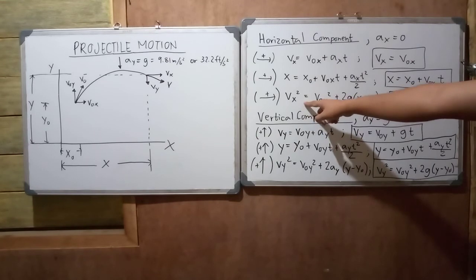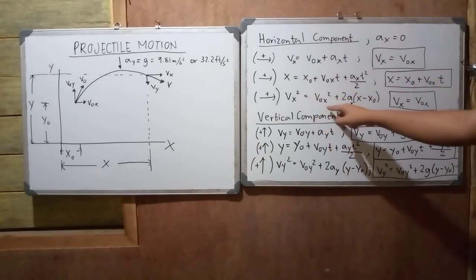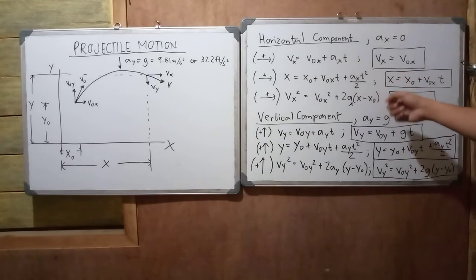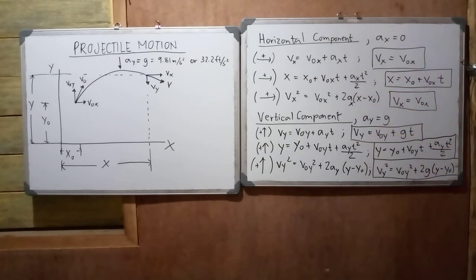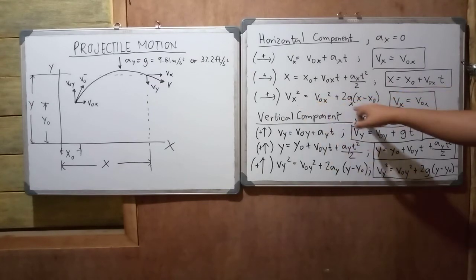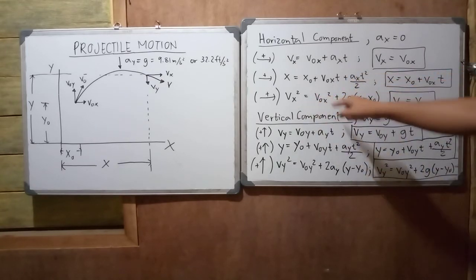Also for this formula, from our rectilinear motion, v squared equals vo squared plus 2a times x minus x sub o. Since nasa x component tayo, kaya may sub na x. Ang matira na lang kasi 0 to, so therefore vx squared equals vox squared.